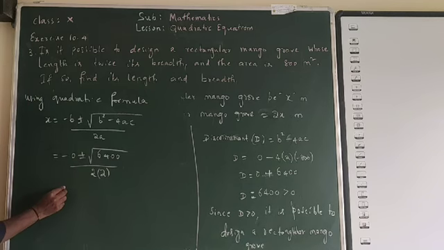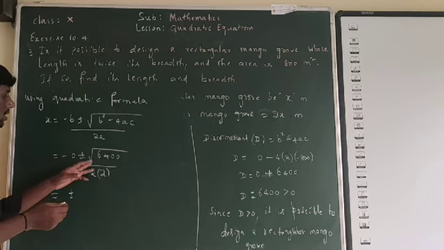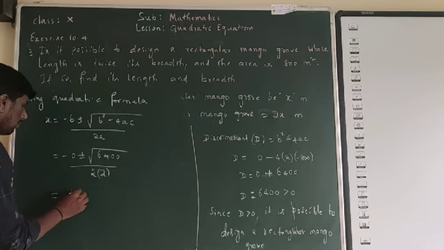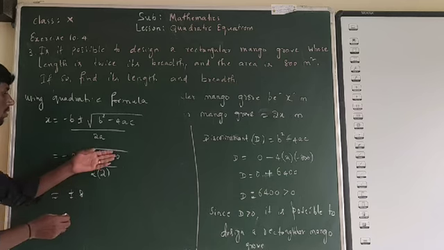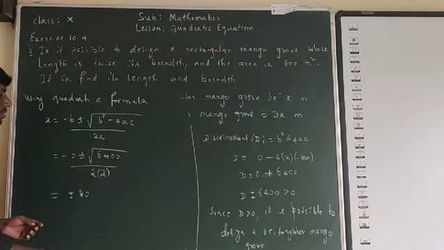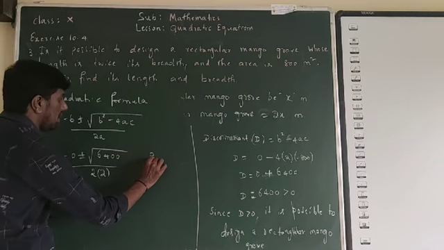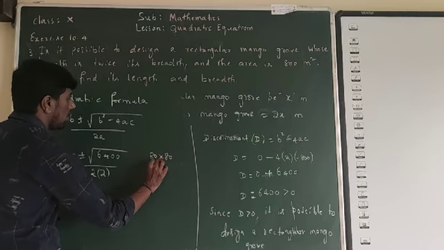Okay, let us simplify further. So minus 0 is neglected. Now square root of 6400: square root of 64 is 8, and since we are having two 0s, it will become 0. Now square root of 6400 is 80. That means if you multiply 80 into 80, you will be getting 6400.